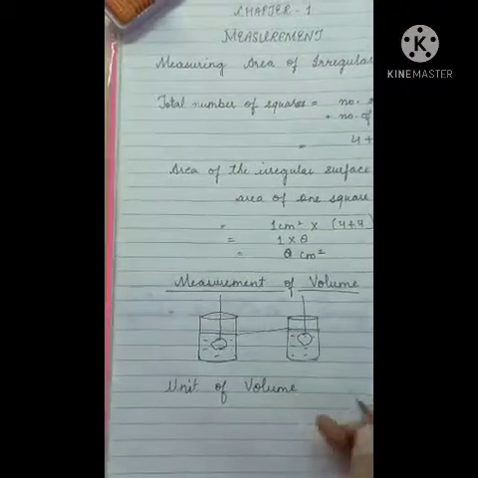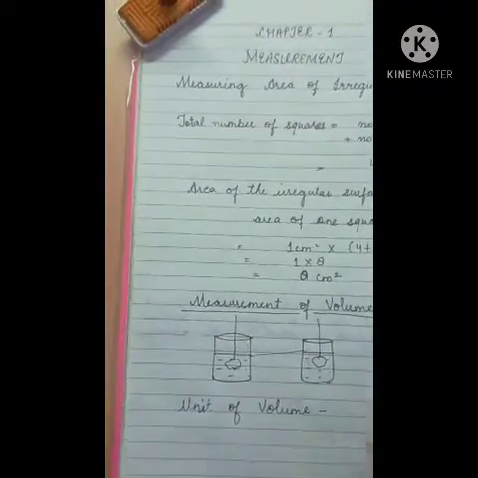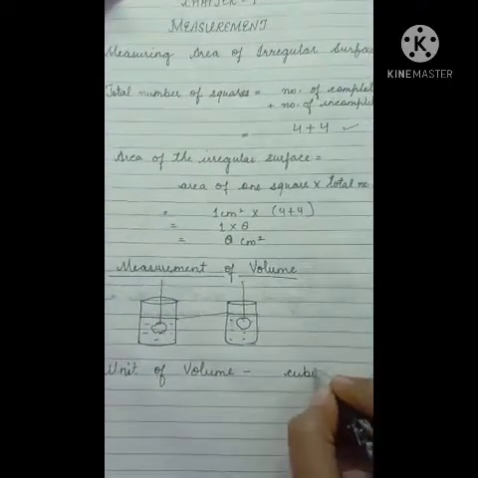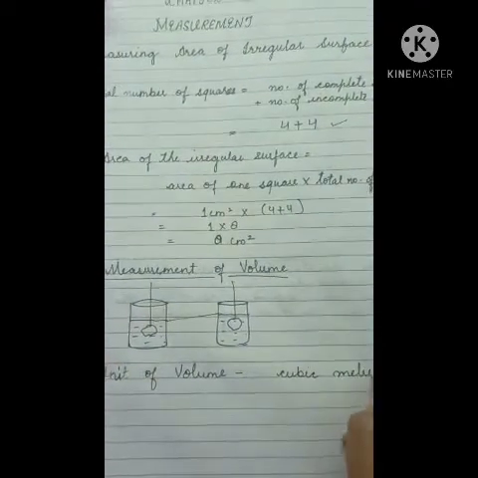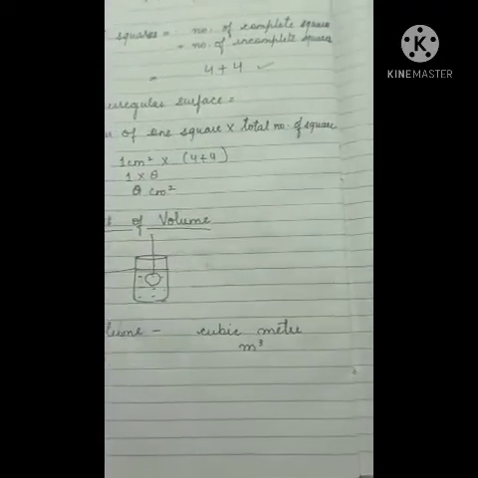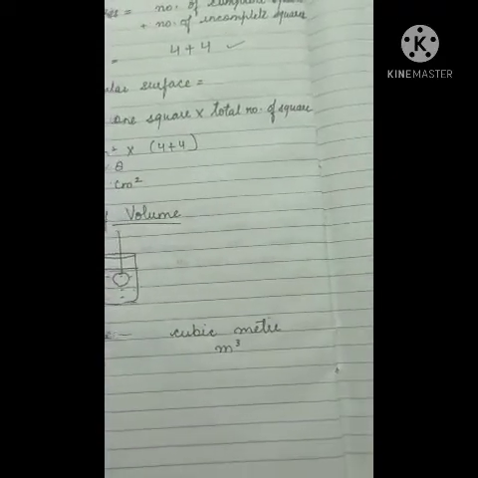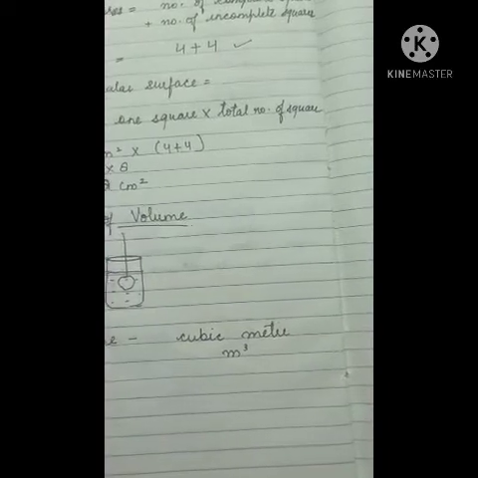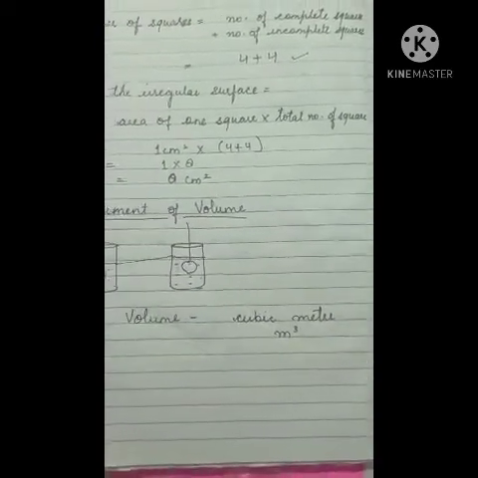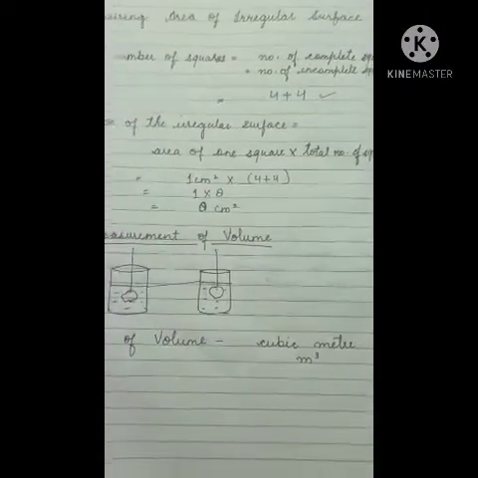Unit of volume. The SI unit of volume is cubic meter, or you can write it like this. 1 cubic meter is the volume of a cube, each of whose sides is 1 meter in length.